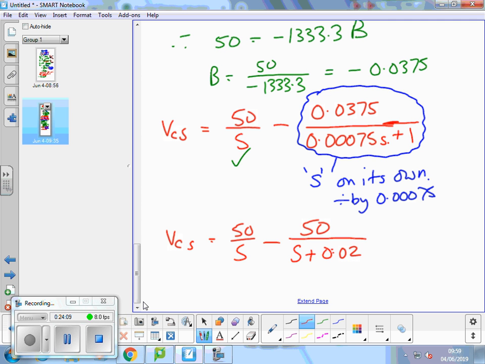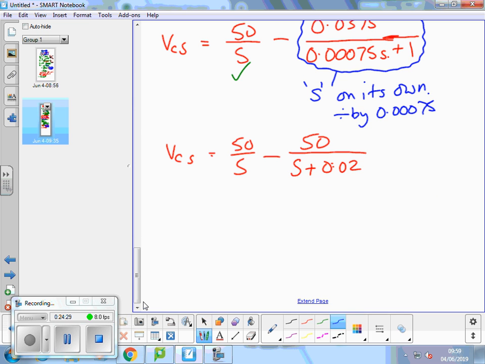Yep. So that bit looks like a constant, but if we look at our table of Laplace transforms, A over S transforms back to a step. So we can now transform back. We're looking at VC at time t.